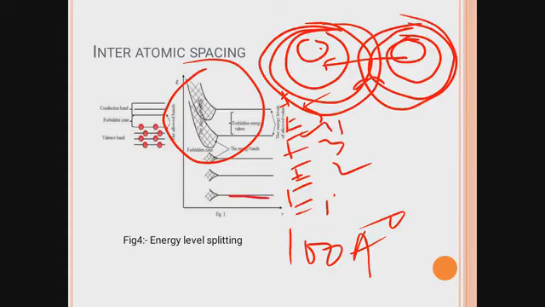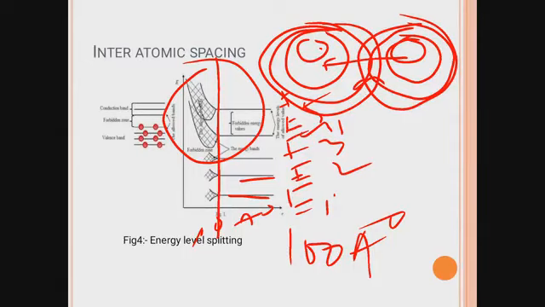But when we reduce the interatomic spacing, the energy level splits up. From this point we can see the energy level split up. Suppose this is 10 angstrom, 5 angstrom, whatever it is, assuming 10 angstrom. So from 10 angstrom the energy level parted.